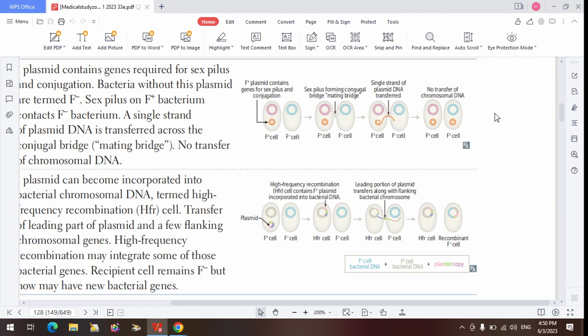Now, look at this F positive cell. You cannot call the F positive cell that we are looking at, the one above, a recombinant. Why? Because the plasmid has not incorporated into the chromosome. Do you guys get that?